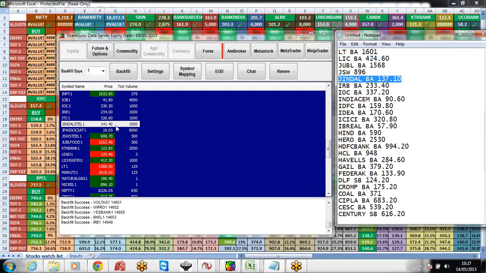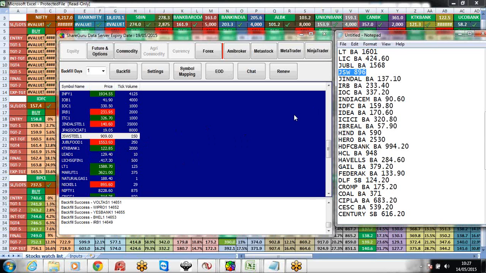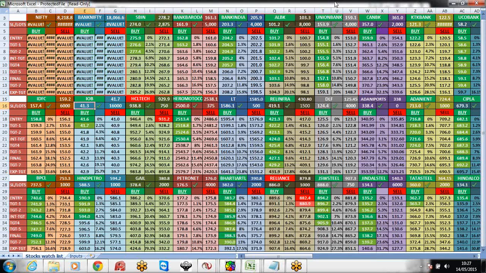It's now at 140. JSW is at 908. 896 was the entry. And as we were talking, the PSU banks were good today. Other than that, the metals also. Petro has done its intermediate target.